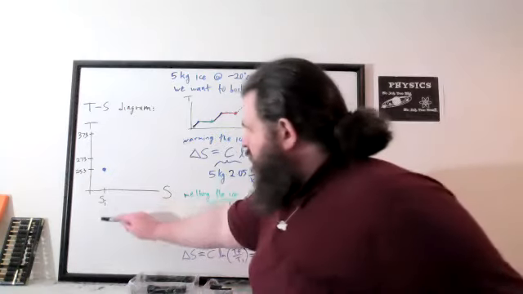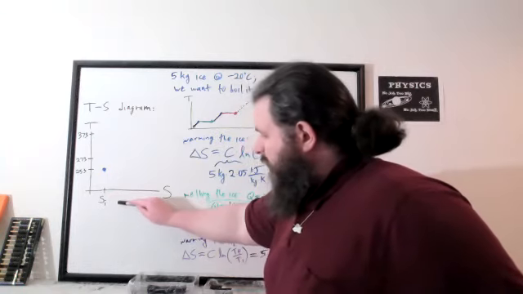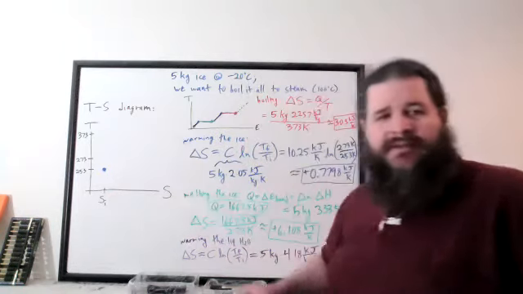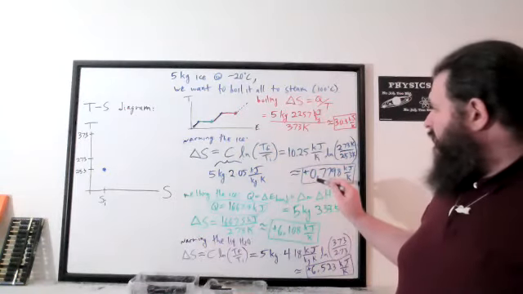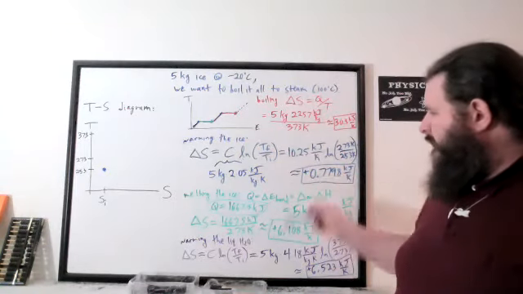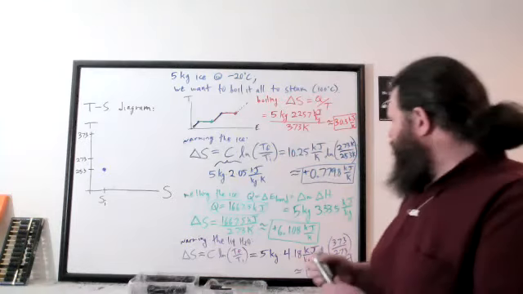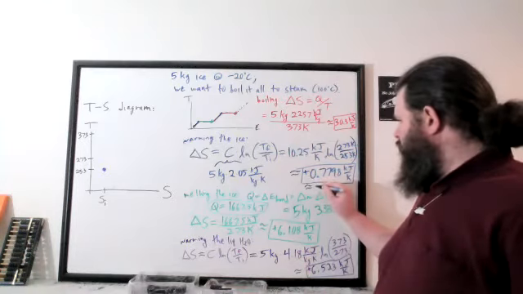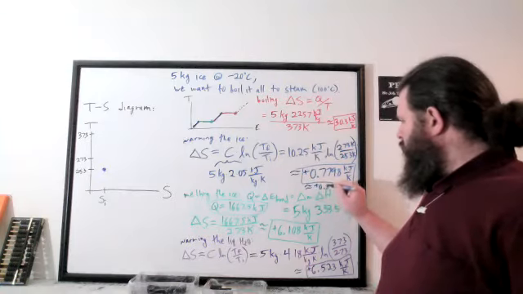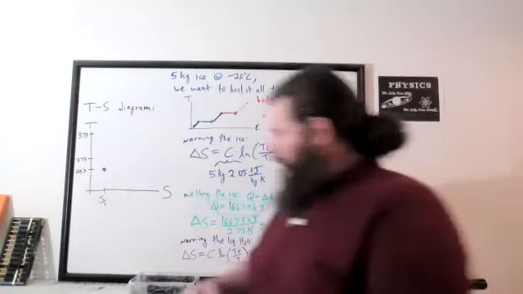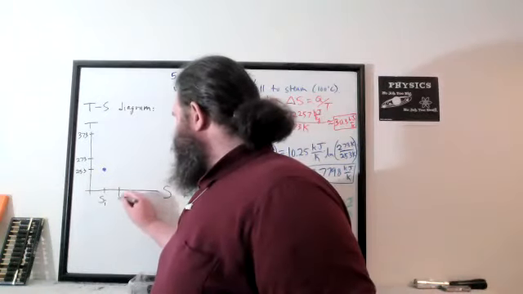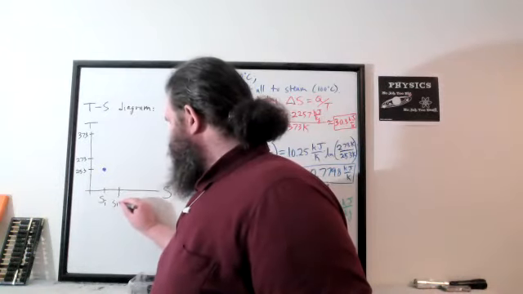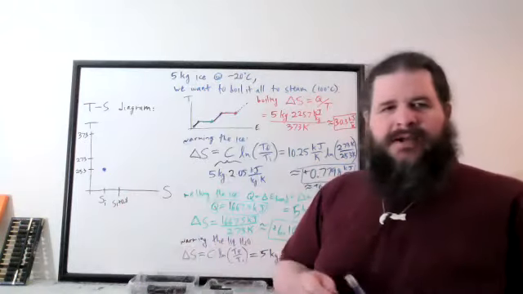So we're going to mark these as just initial entropy, and then initial entropy plus some amount, initial entropy plus some other amount. For instance, during the warming up the ice process, we're just increasing the entropy by, let's say about, I'm just going to round this off to about 0.8. So we increase the entropy by about 0.8 to get the new entropy.